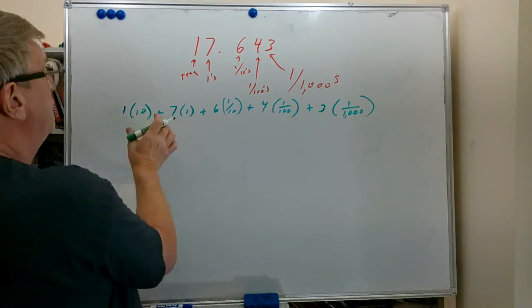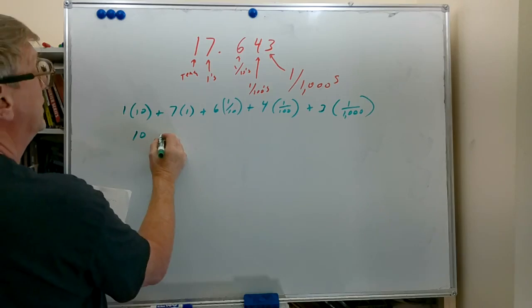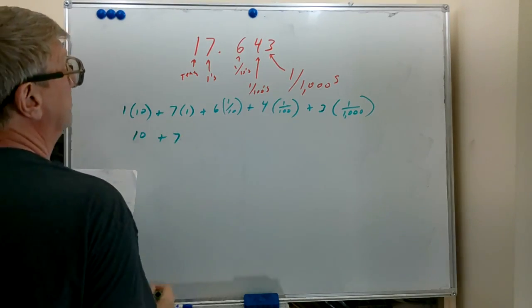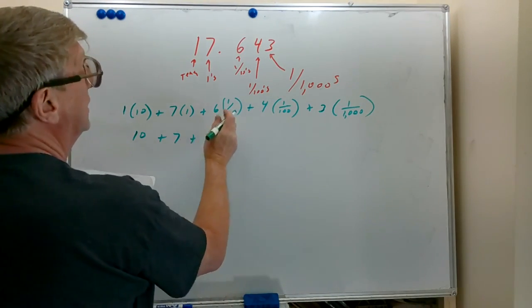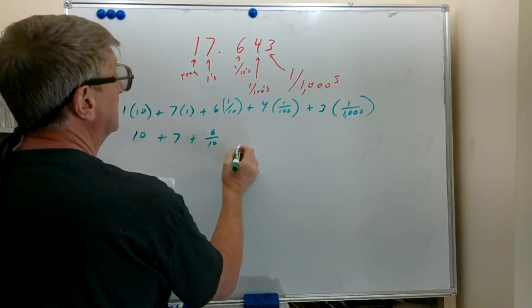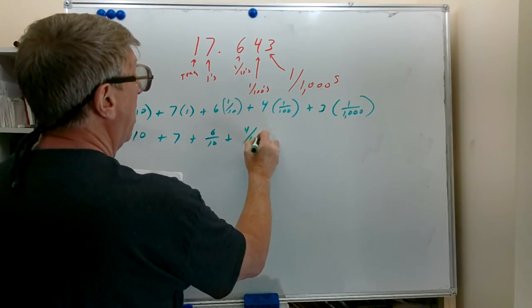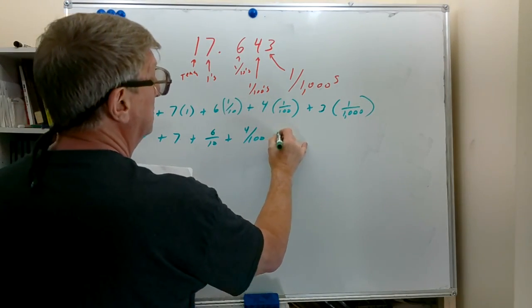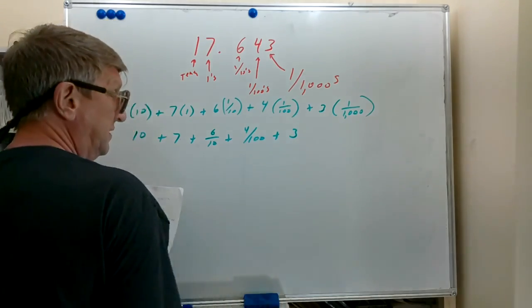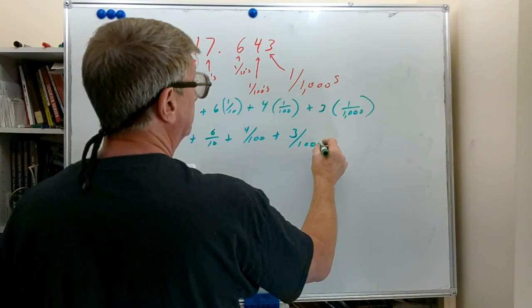So now let's do the little multiplication here. 1 times 10 is 10. 7 times 1 is 7. Plus 6 times 1/10 is 6/10ths. Plus 4 times 1/100th is 4/100ths. Plus 3 times 1/1000th is 3/1000ths.